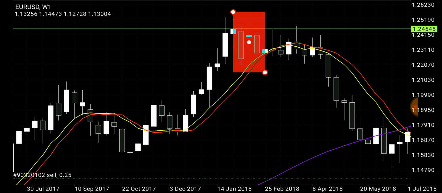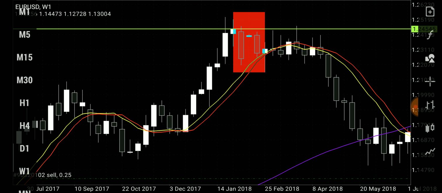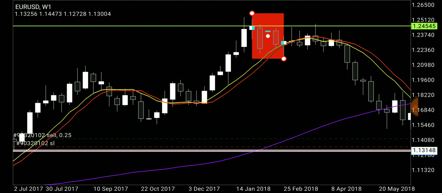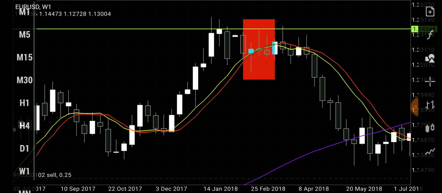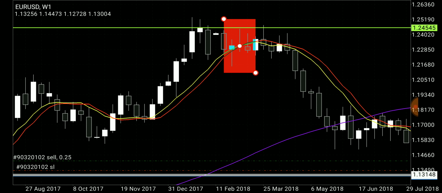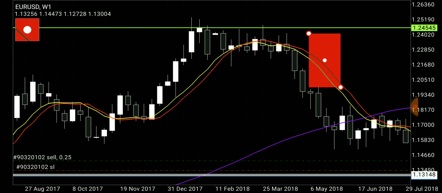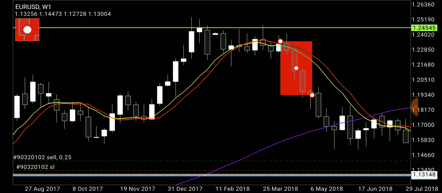Over here is another pattern. You see we have an island top, and also a bearish engulfing candle. Then the next week we had a doji candle. We also had an inverse hammer.